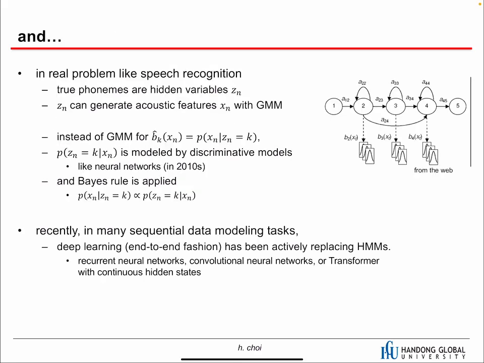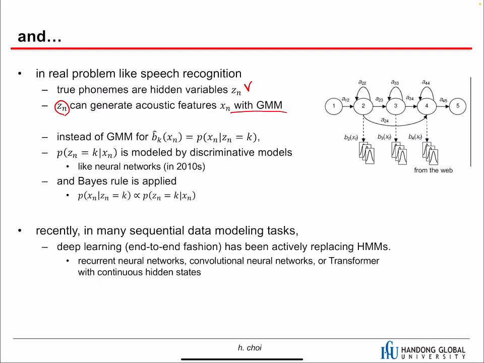Finally, I want to mention a couple of things about HMMs. First, in a real problem like a speech recognition system, the true phonemes are the hidden variables, Z sub n, and the observations are acoustic features. Conceptually, we assume that the phonemes Z sub n can generate acoustic features with a GMM.